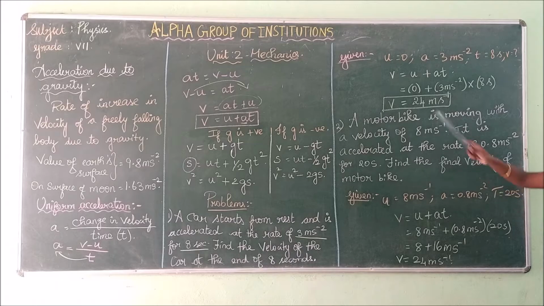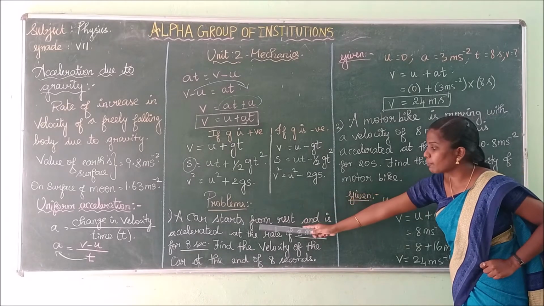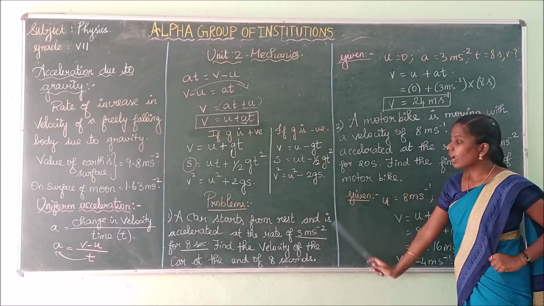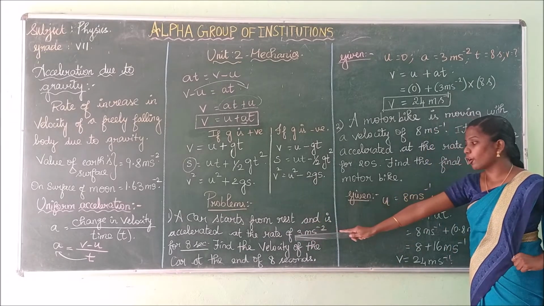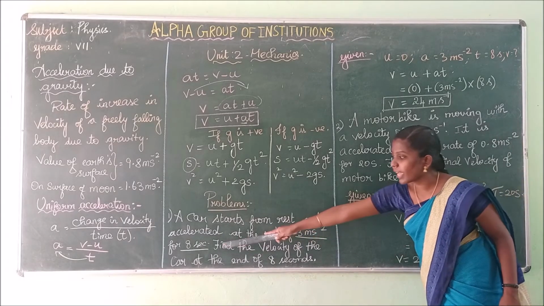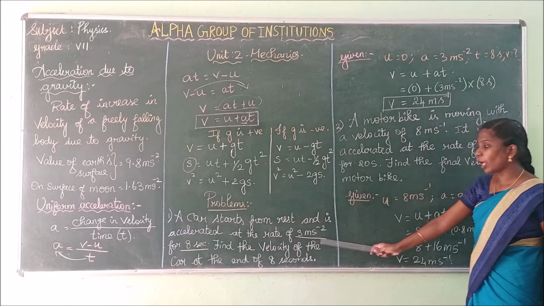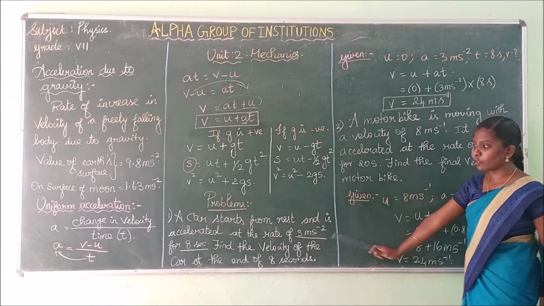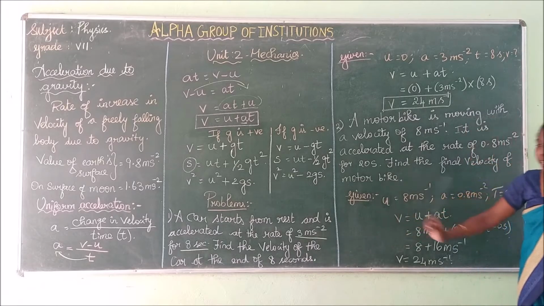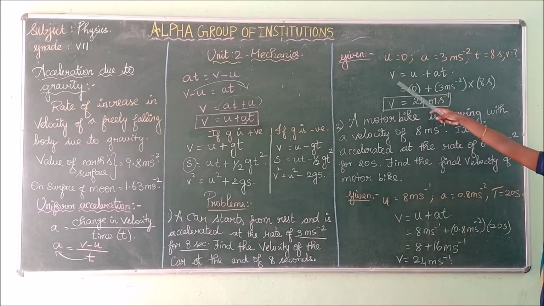Is it clear? See, they have given a car starts from rest, so the initial velocity of the car is 0, and it is accelerated at the rate of 3 meter second power minus 2 for 8 seconds. They are asking us to calculate the velocity of the car, which is equal to u plus at. u is your initial velocity.